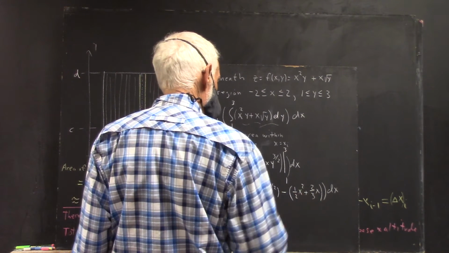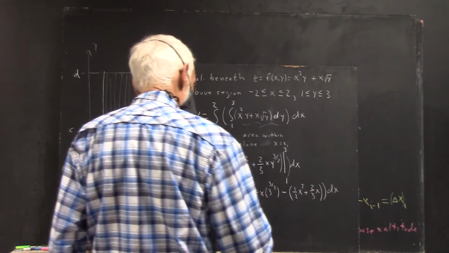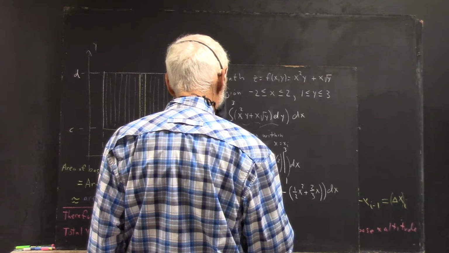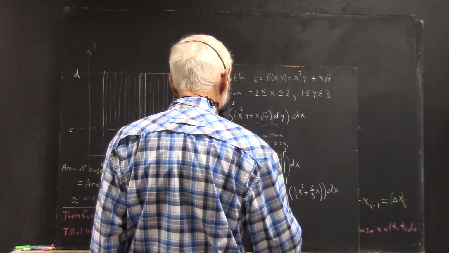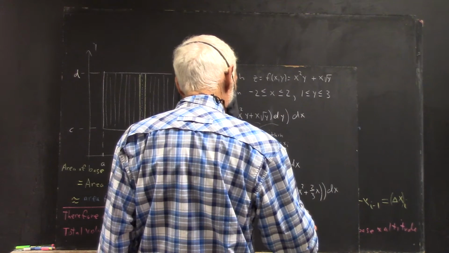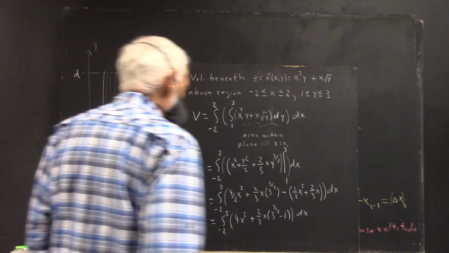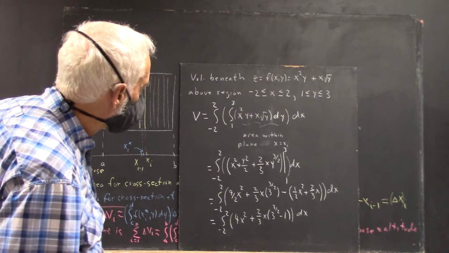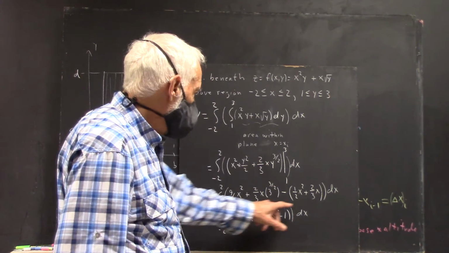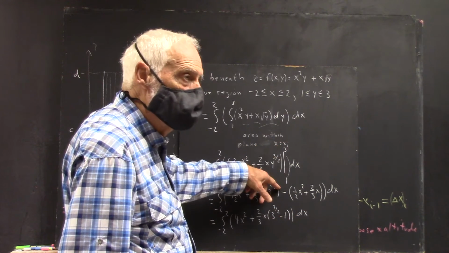Unfortunately, this one doesn't come out quite as nicely. You got that 3 to the 3/2. But you notice, when we integrate with respect to y, of course, we get down to this step, we're going to substitute these numbers for y.